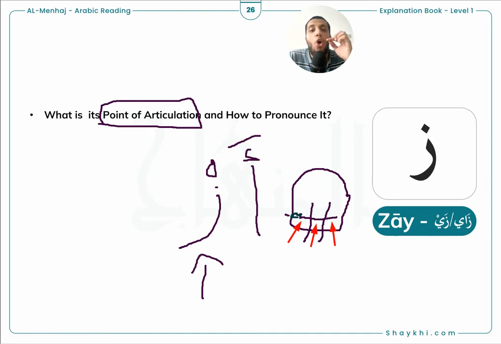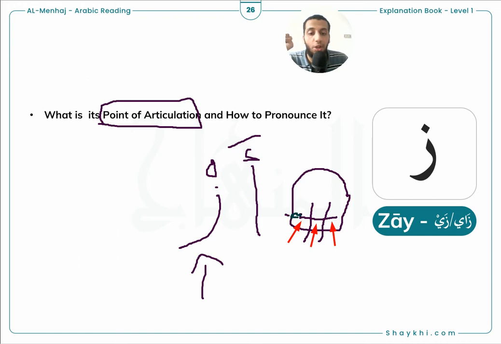So the tip of the tongue will touch the edge of the two lower incisors, and then the sound passes between the upper and lower incisors. Complicated? Not at all. Let's say it again.